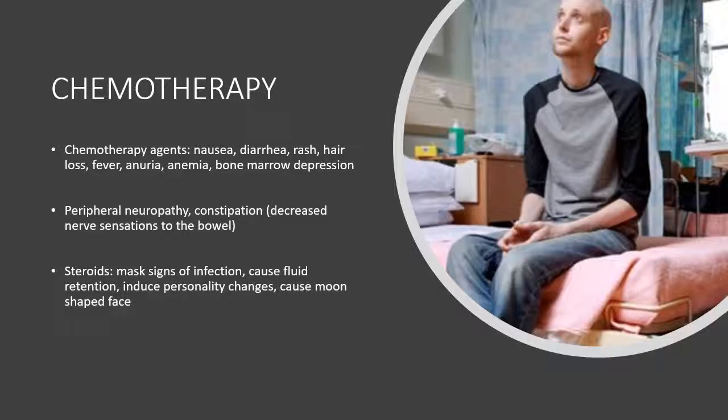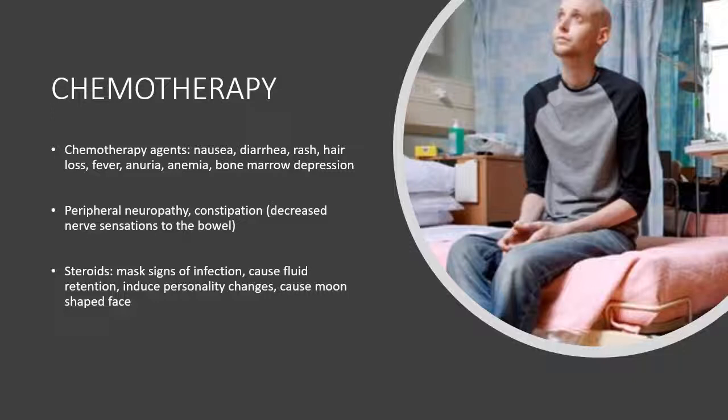It's going to put them at high risk for infection, malnutrition, stunted growth, and infertility. It's really important to pre-medicate with something like Zofran for nausea prior to the chemotherapy sessions to really improve their ability to take food and water.